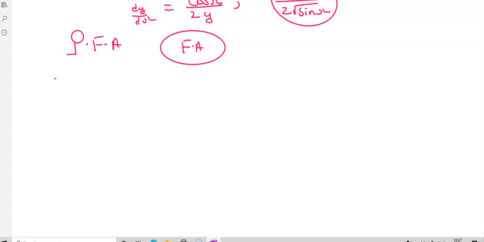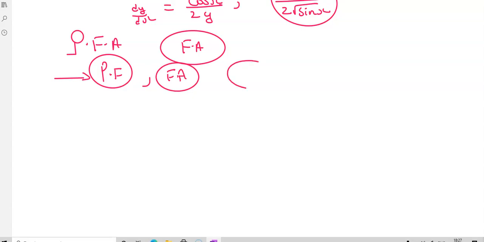Now in the coming section I'll be dealing with either full PF, that is power function, or function angle, or I'll be dealing totally with PF and A. Let's see.